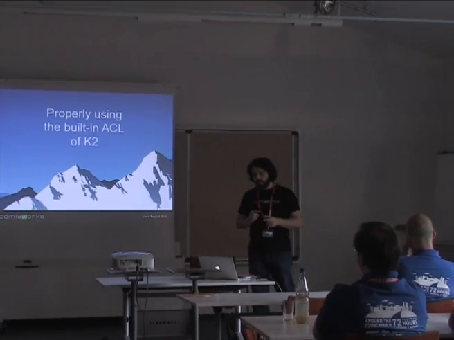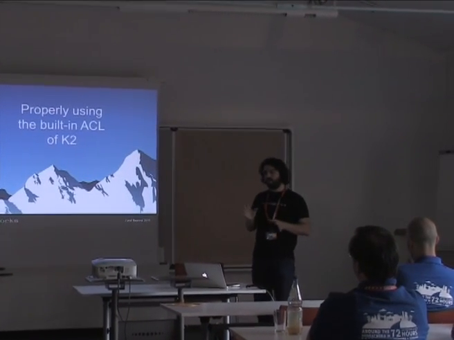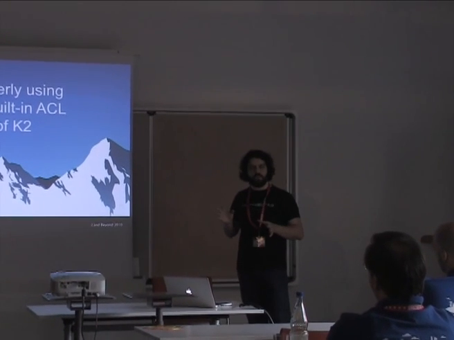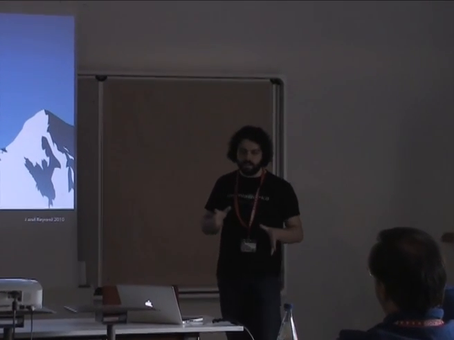Now, the ACL of K2 is only for the front end. There's no option to use the ACL in K2 for the backend, and that's because Joomla does not allow you to do this. So we've just created our own ACL for the front end, as this is the most important part for websites that have dozens of journalists and editors, and they want to maintain some level of control.